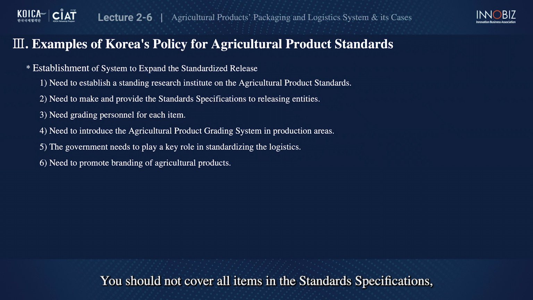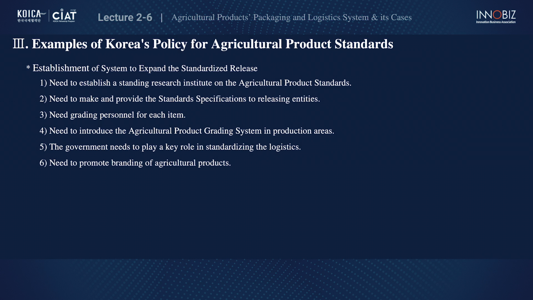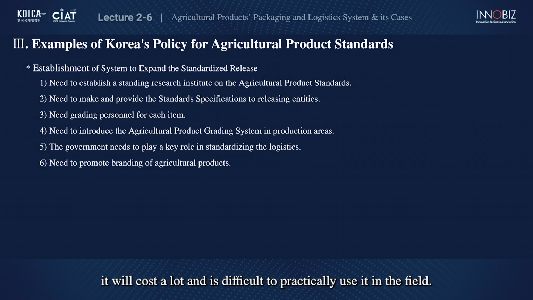You should not cover all items in the standard specifications, but need to make one for each item. The specifications for each item should be spread to producer groups of that item first. If you cover all items in the standard specifications, it will cost a lot and is difficult to practically use it in the field. Also, if a single item is changed, you need to revise the whole specification.